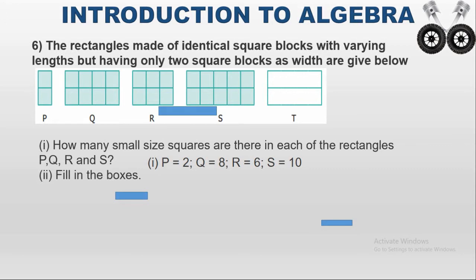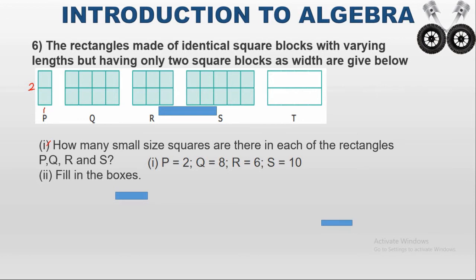So one is, how many small size squares are there in each of the rectangles P, Q, R and S. So what is the first question? We have to find how many small square blocks are present in each of the rectangles. So for the first one, what is the length of the rectangle box here? Here the length is 1 and the breadth has 2 square blocks. So you have to multiply 1 into 2, that is 2.